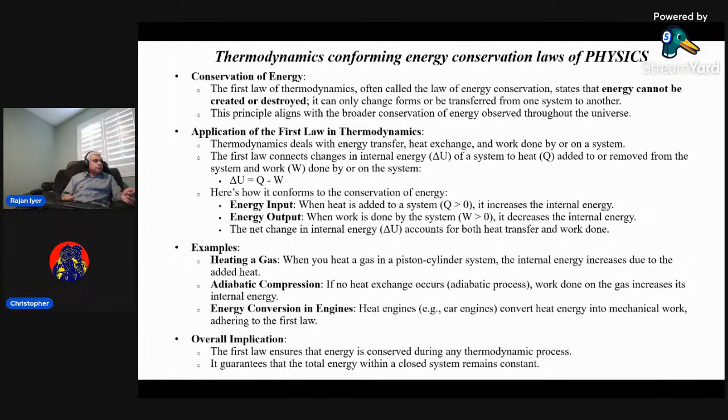For example, heating a gas, we use heaters in cold climates, things like that. When you heat a gas in a piston cylinder system, for example in a car or internal combustion engine, internal energy increases due to the heat that is added. In adiabatic compression, no heat exchange occurs, and the work done on the gas increases internal energy.